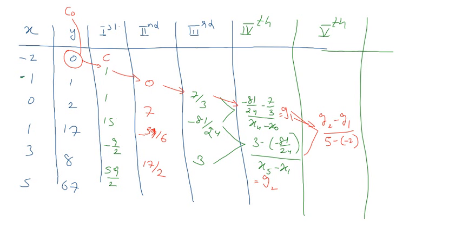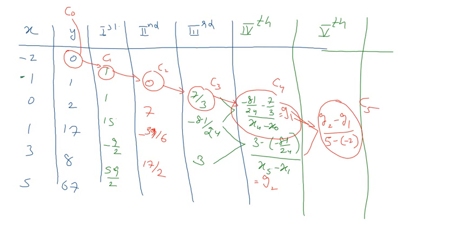This is C1, this is C2, this is C3, this is C4, and this is your C5. By substituting them in the Newton's polynomial, you get the Newton's polynomial, and you have the x0, x1, x2, x3, x4, x5 values here. I hope it is clear from these tables how to calculate the divided differences.